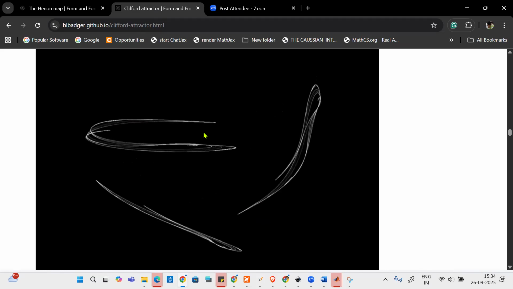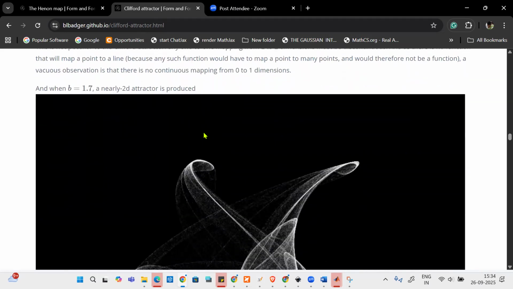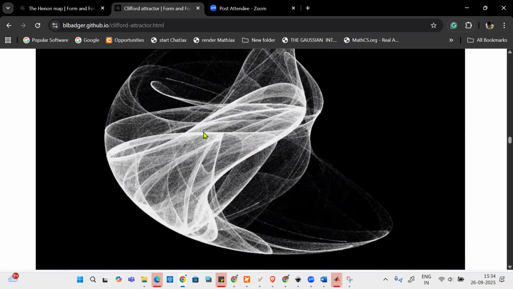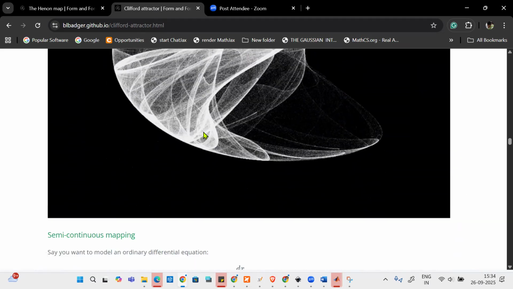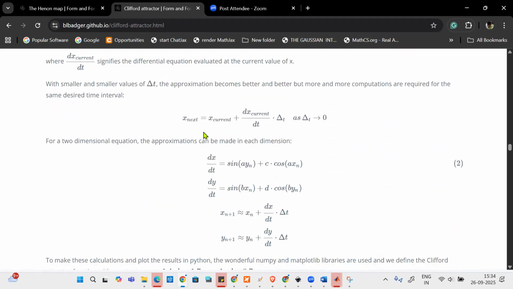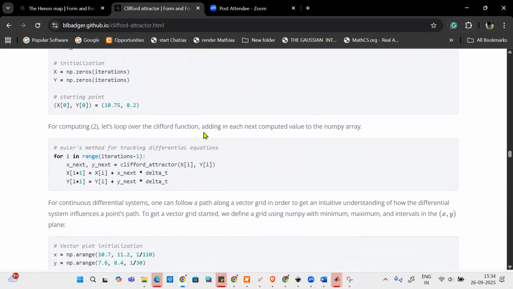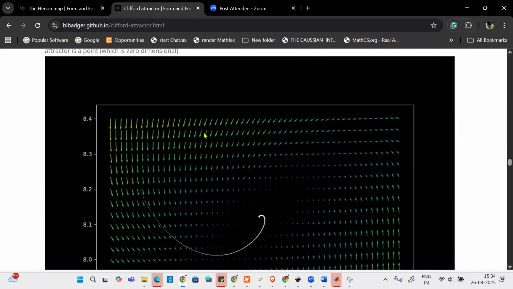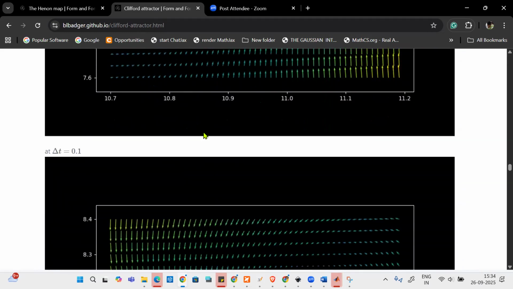Do you agree? So this is all about the Clifford attractor, and you can see this is another beautiful plot where we see these kinds of diagrams. And that's all about this.